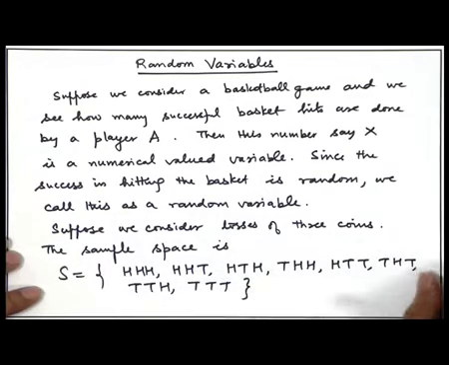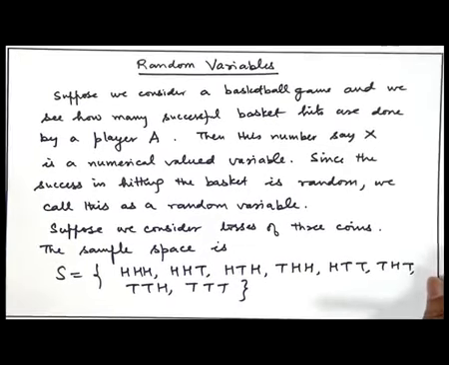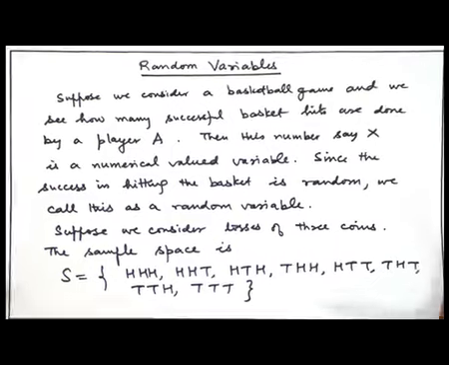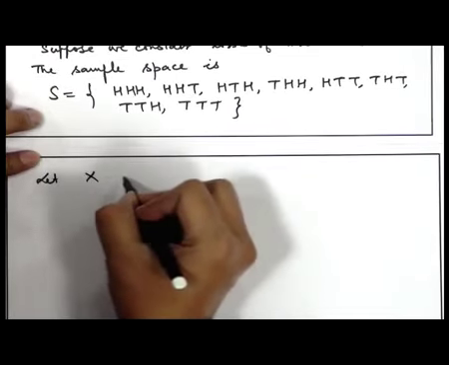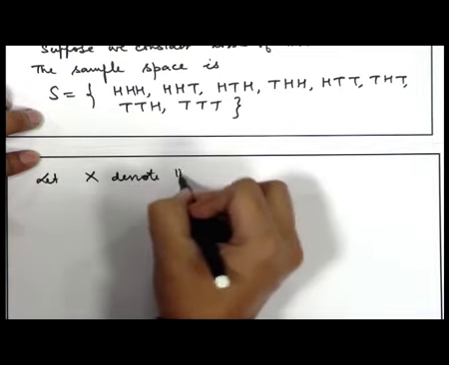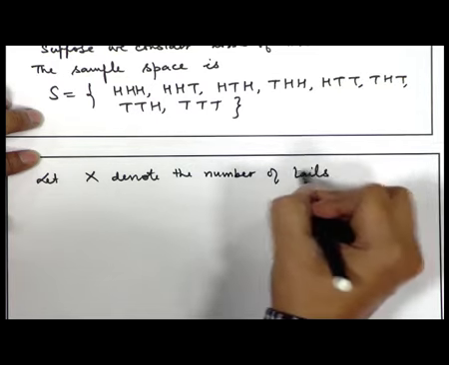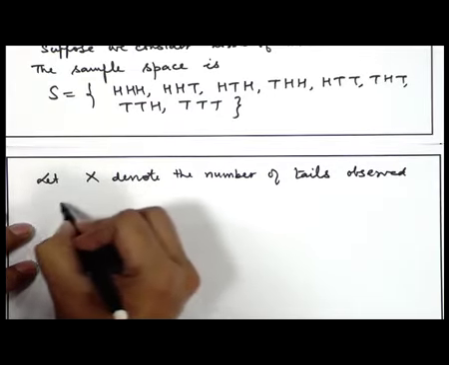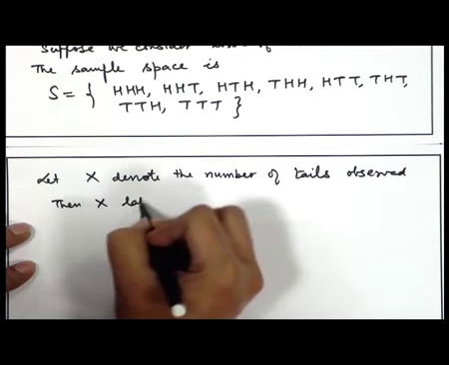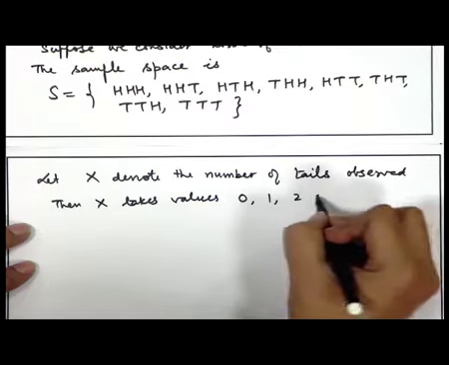But we are not interested in the actual outcome, rather we are interested in how many heads are observed or how many tails are observed. So, I define from this experiment, let x denote the number of tails, then x can take values 0, 1, 2 or 3.